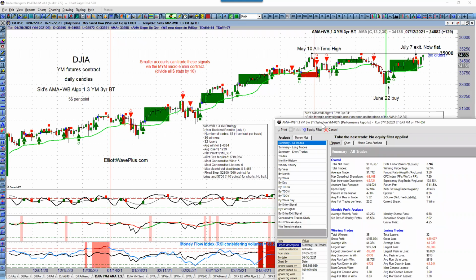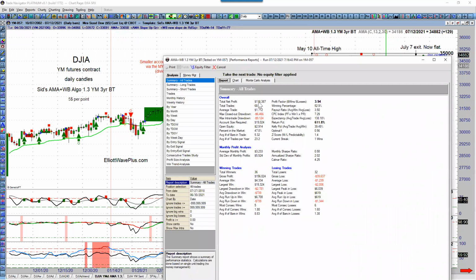And that is why this algo was able to bring in, had the settings been in place the way they are right now for the last 3 years, $116,000 worth of profit, trading one YM contract at a time. And that's starting with an account size of $19,000.